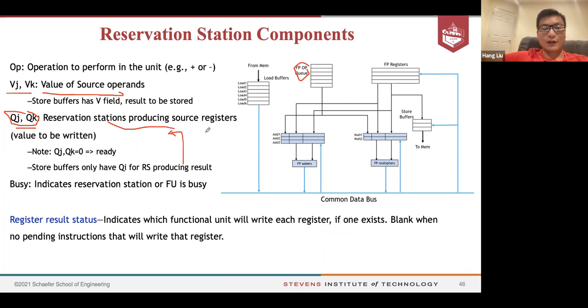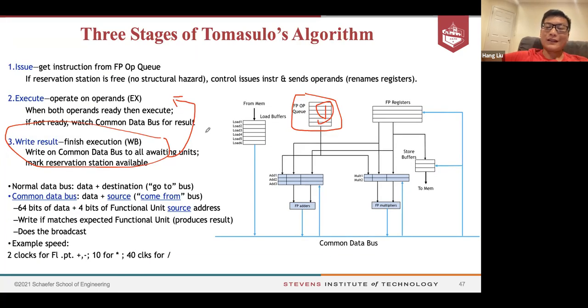Because the stores or where the source comes from. So when the source comes in, this is going to be notified. So this QJ and QK will be switched. That is how it triggers the instructions that are waiting on the completion of these sources to proceed forward.